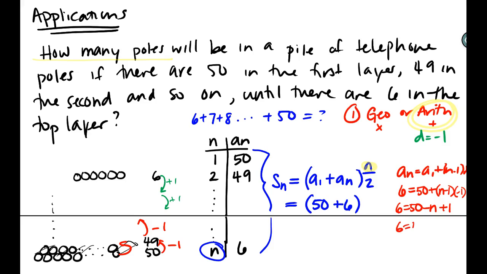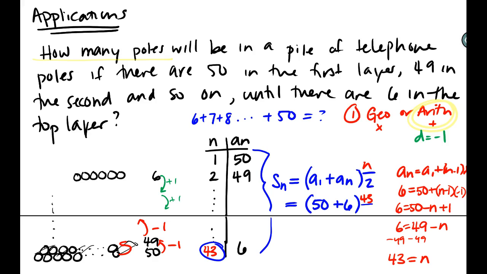So 6 is equal to 49 minus n. So 43 is equal to n, right? We get a negative on both sides, but those cancel. So apparently, if I had done this all the way down, this n is actually 43.